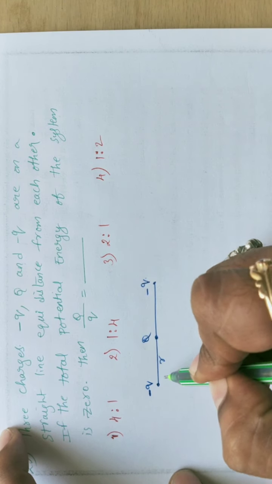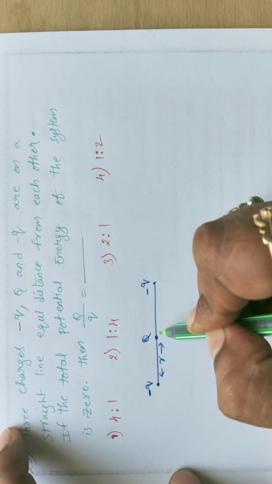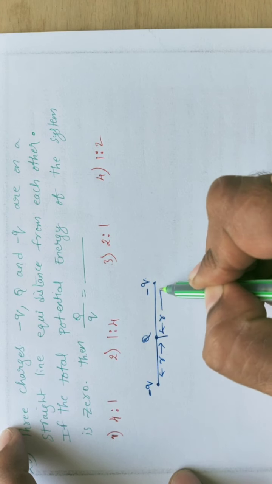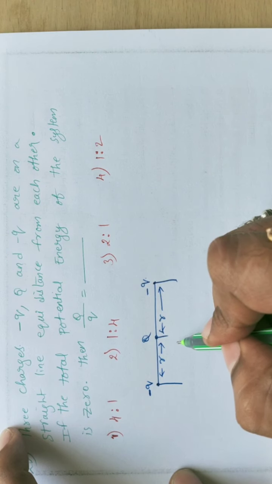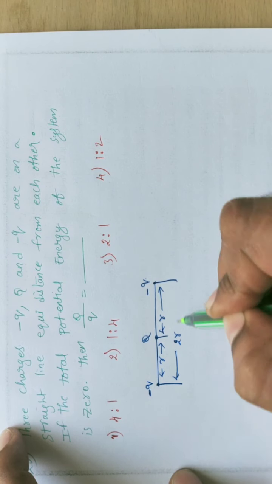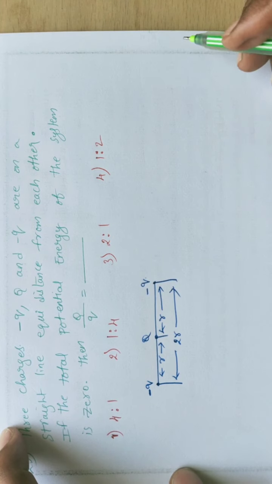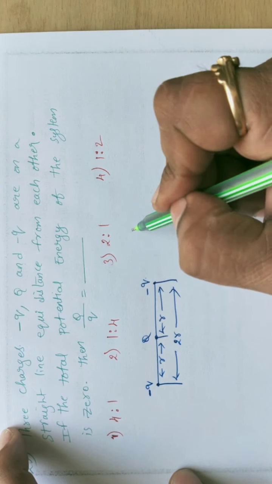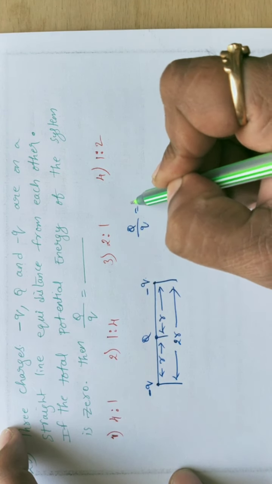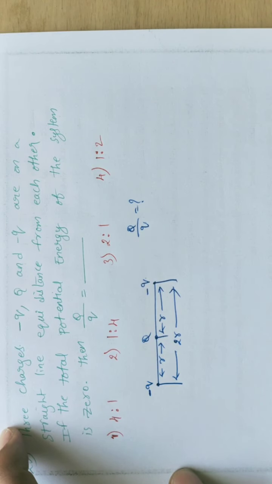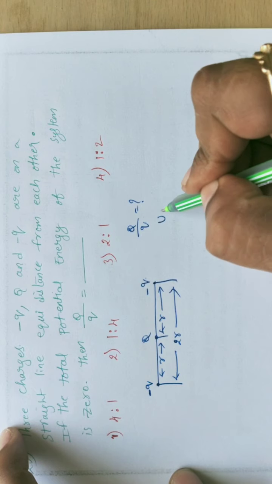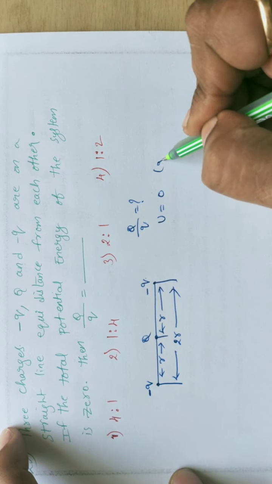Let the distance between these two be r, and between these two also r. Between the outer two, 2r distance is present. This is the way of representing it on a straight line. So the given condition is that the total potential energy becomes 0, so U is equal to 0.